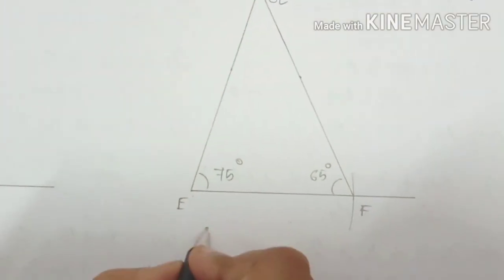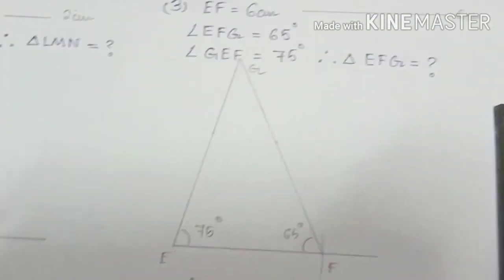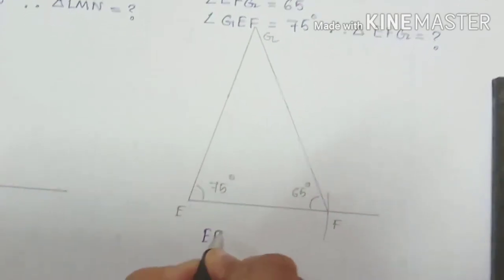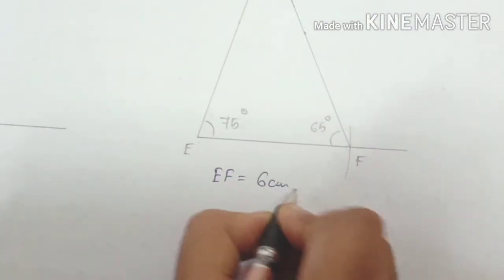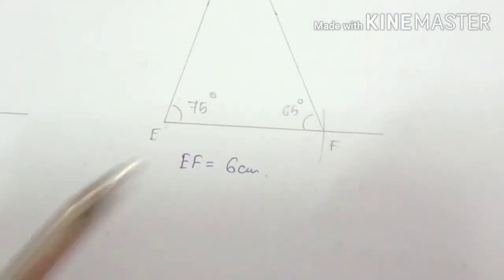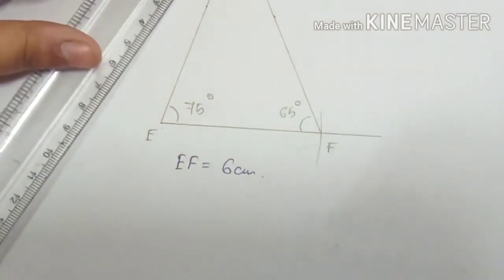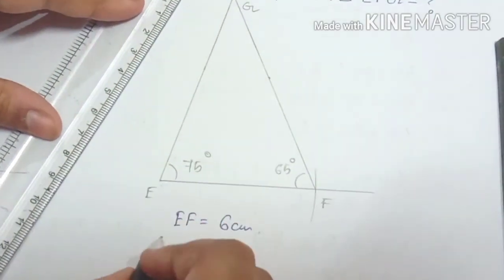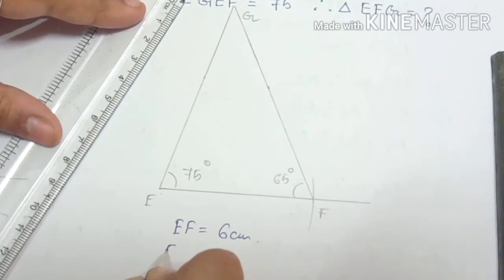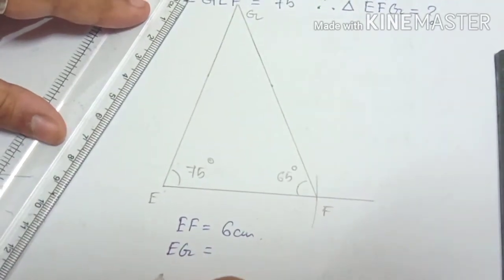what has been given to us. So EF equals 6 centimeter, which is the base. Now we are going to see what is the size of EG and FG.